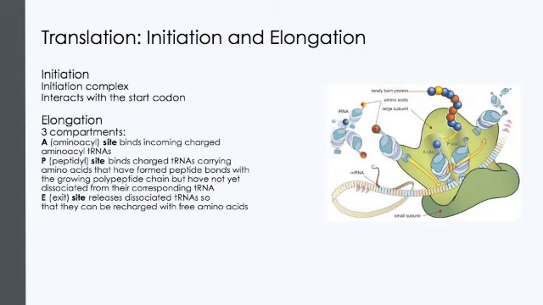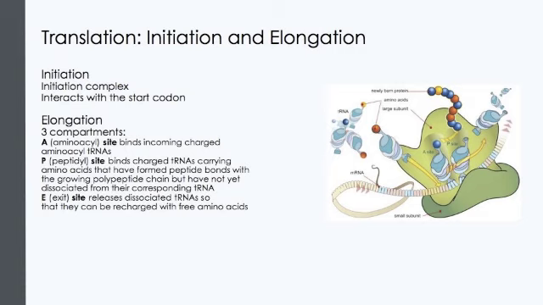The initiator tRNA carries the amino acid methionine. Its anticodon, UAC, binds to the start codon, AUG. Secondly, a large ribosomal subunit binds to the small one, creating a functional ribosome. The initiator tRNA fits into the P site on the ribosome.